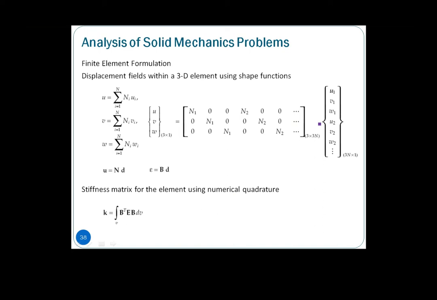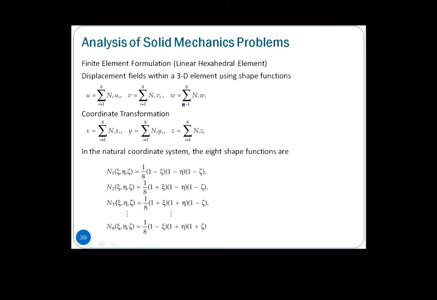Whether we use tetra or hexa, it's up to us. What is the size of the shape functions? If we are using, for example, linear hexahedrals, basically a cube, with 8 nodes.